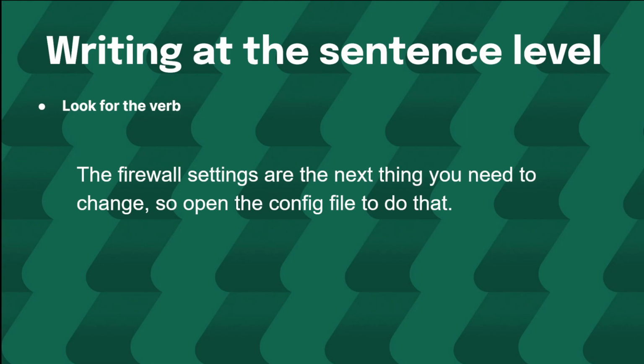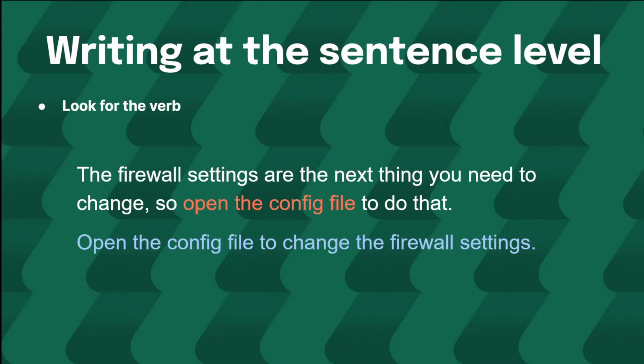The verb you're looking for in this context is open. So if we move the verb to the front of the sentence, then it becomes more powerful. Open the config file to change the firewall settings. So note that not only have we strengthened the sentence by moving the verb to the front, we've also made it shorter, which will help with cognitive processing.